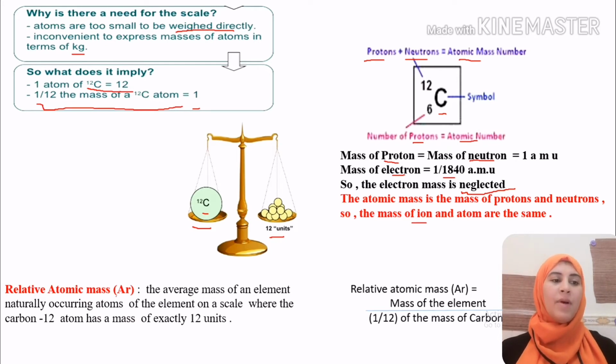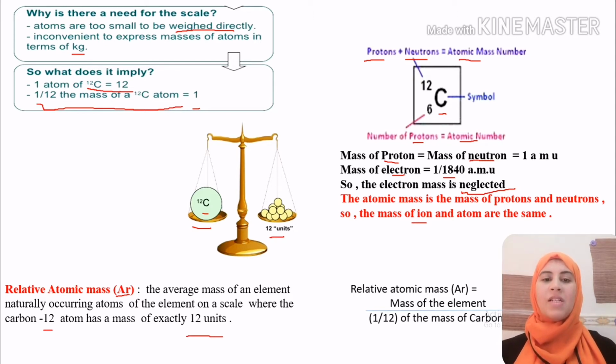the relative atomic mass, Ar, is the average mass of naturally occurring atoms of an element on a scale where the carbon 12 atom has a mass of exactly 12 units.